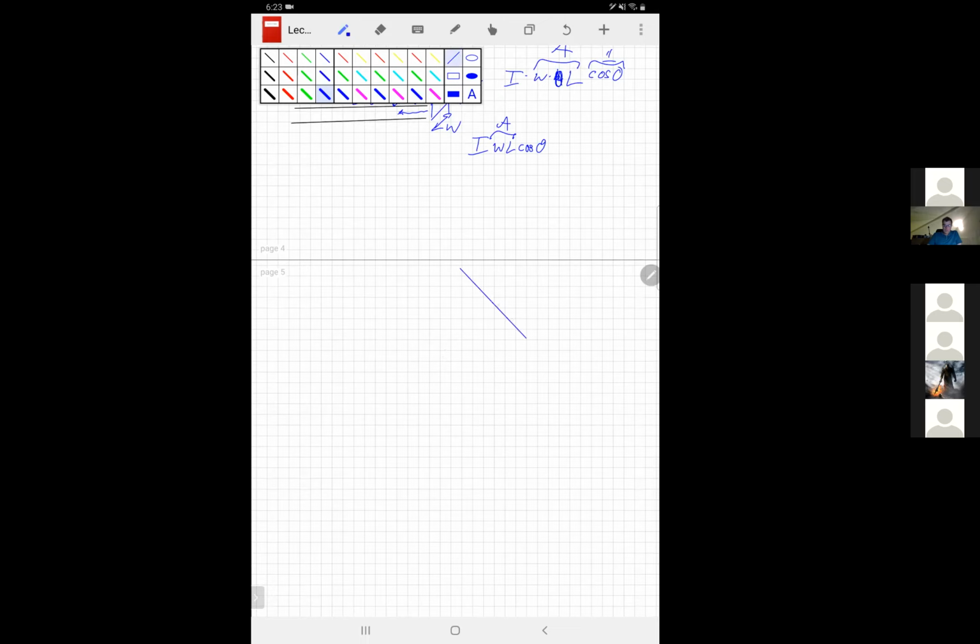All right, let's do a situation that involves a point source and a surface, and we're only going to look at a certain circle in that surface.